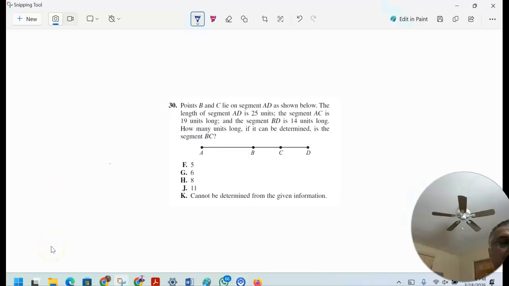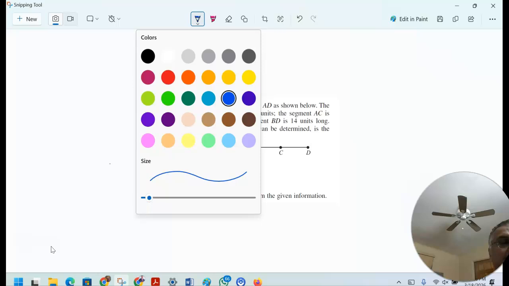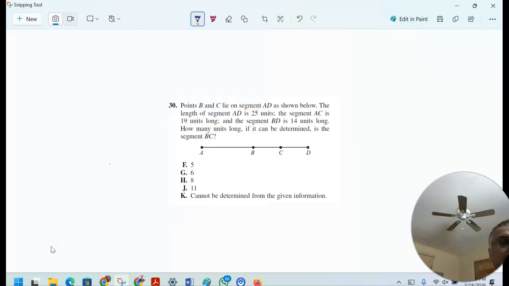Okay, so this question is about segment addition. That means the points B and C are given inside on the line segment AD. The length of AD is 25. So this length from here to here is 25.